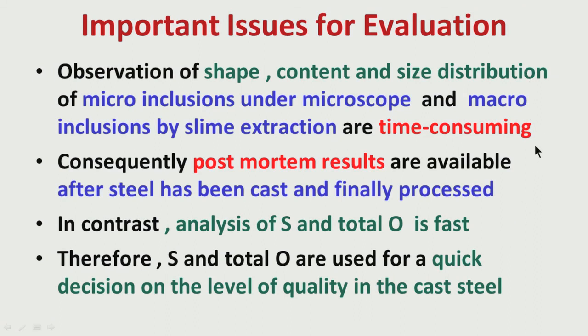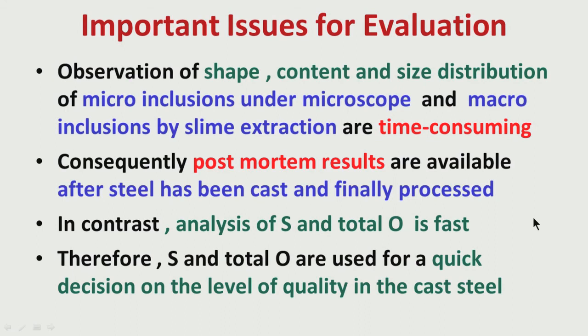Unlike analysis of inclusions, whether micro or macro, which is time consuming and takes a lot of time. So, when the steel has been cast, we do not know the level of real inclusions; we have not evaluated them. It is not possible to get that analysis by that time, but the sulfur and total oxygen analysis we already have by the time the steel is cast.